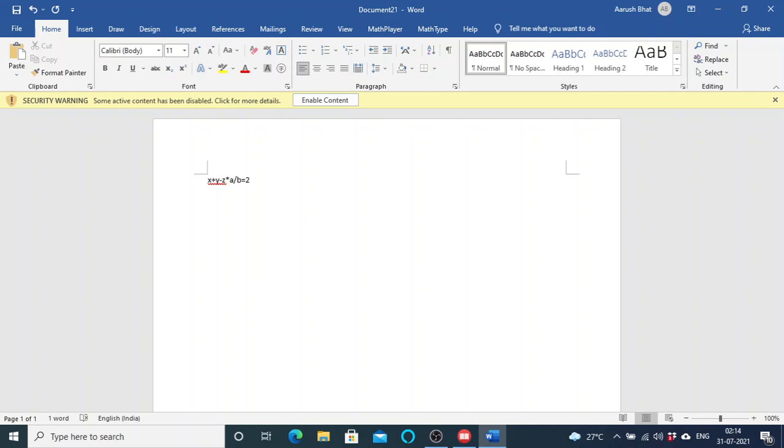Now slash b. Slash is another thing that is not self-explanatory at first, but we commonly use it to represent fractions. If we say a upon b, or a slash b, that basically means a divided by b, or a fraction where a is the numerator and b is the denominator.